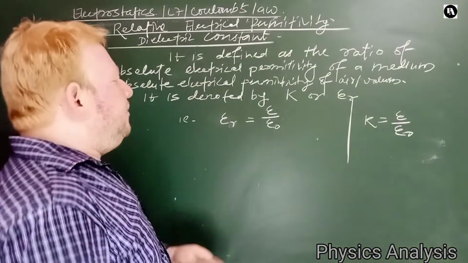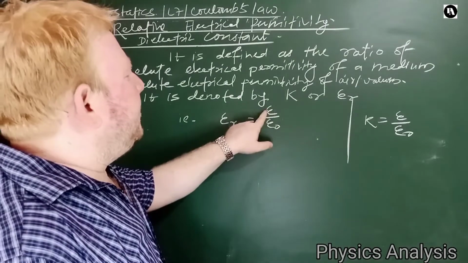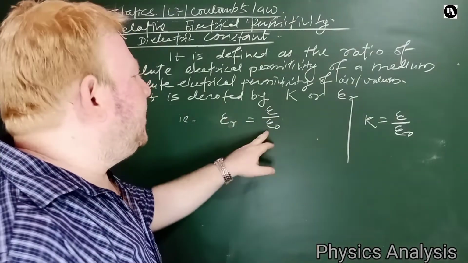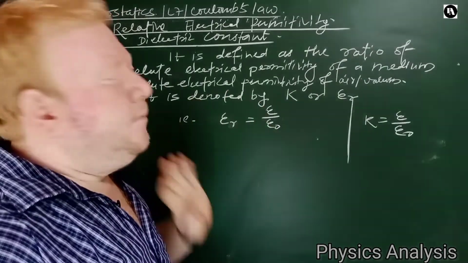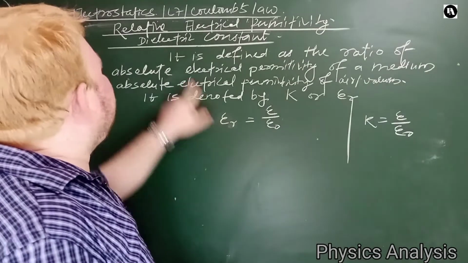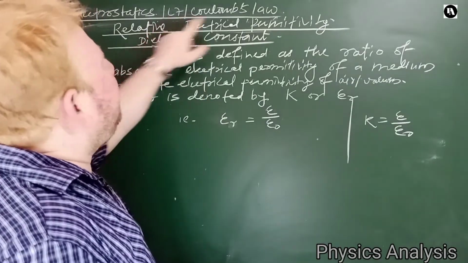This epsilon is absolute electrical permittivity of the medium, and this epsilon naught is absolute electrical permittivity of air or vacuum. So here epsilon R is actually the dielectric constant of that medium. Epsilon R is relative electrical permittivity.